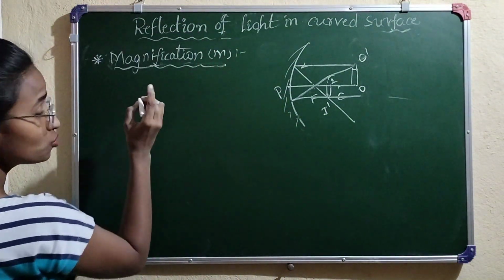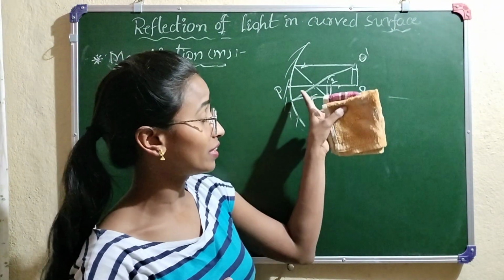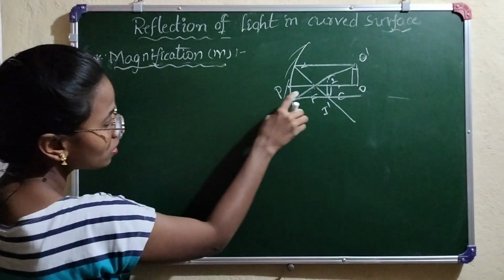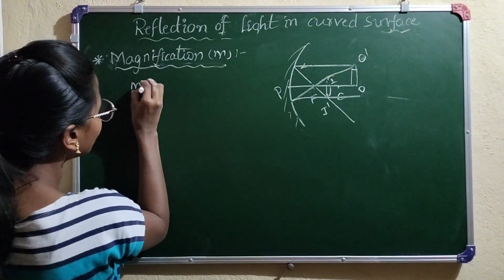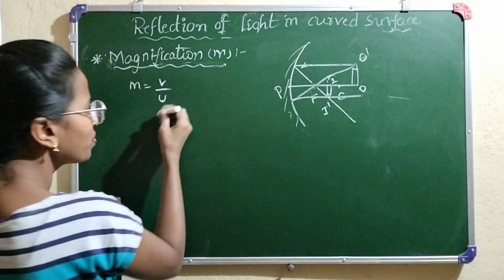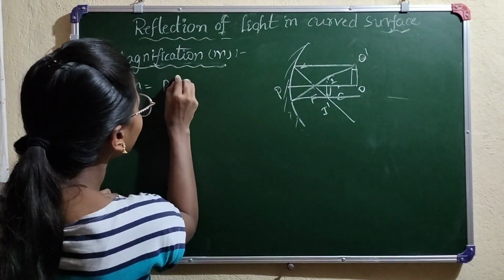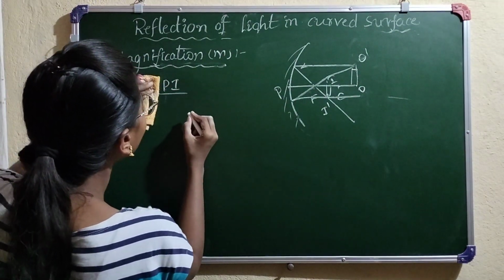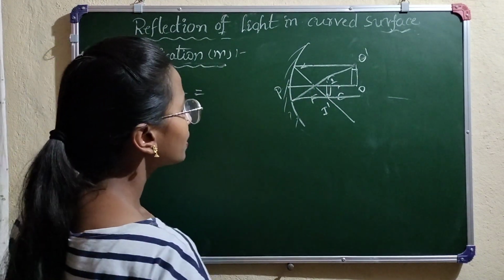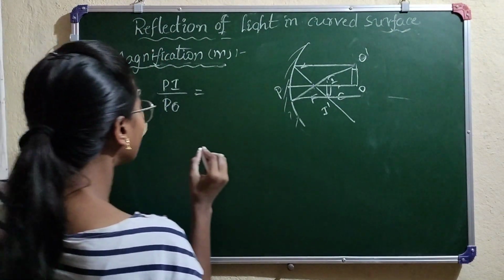From the definition of magnification, the ratio between the image distance to the object distance, the image distance is Pi. So m is equal to v by u. Why we are getting minus v, I will explain to you. The image distance is Pi, and the object distance is Po.